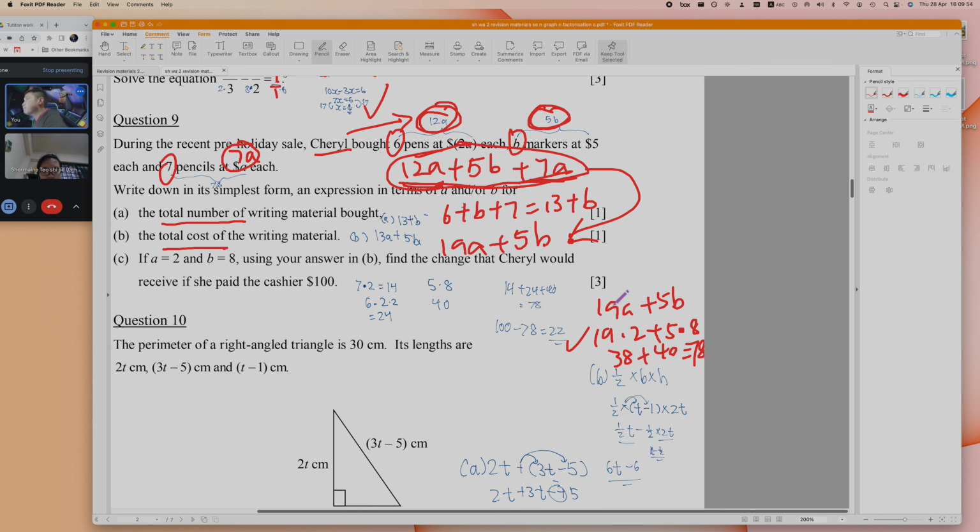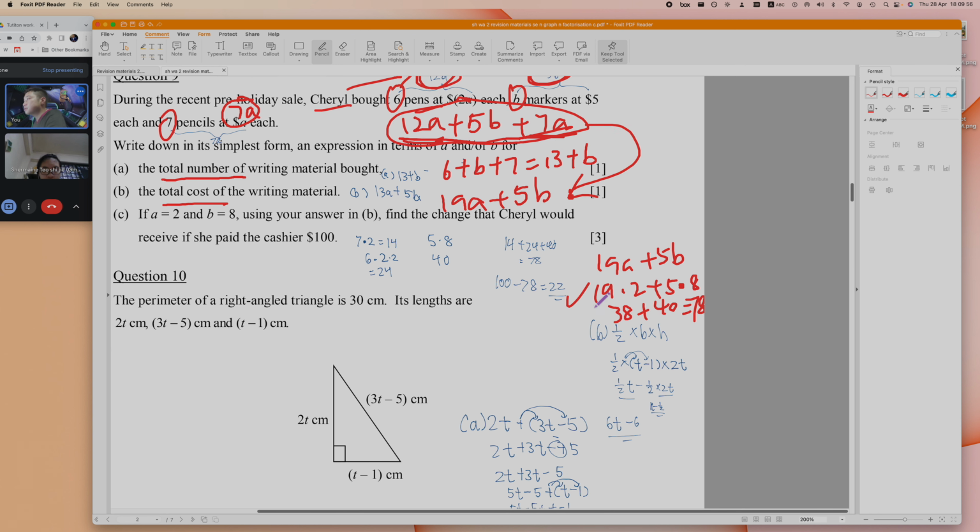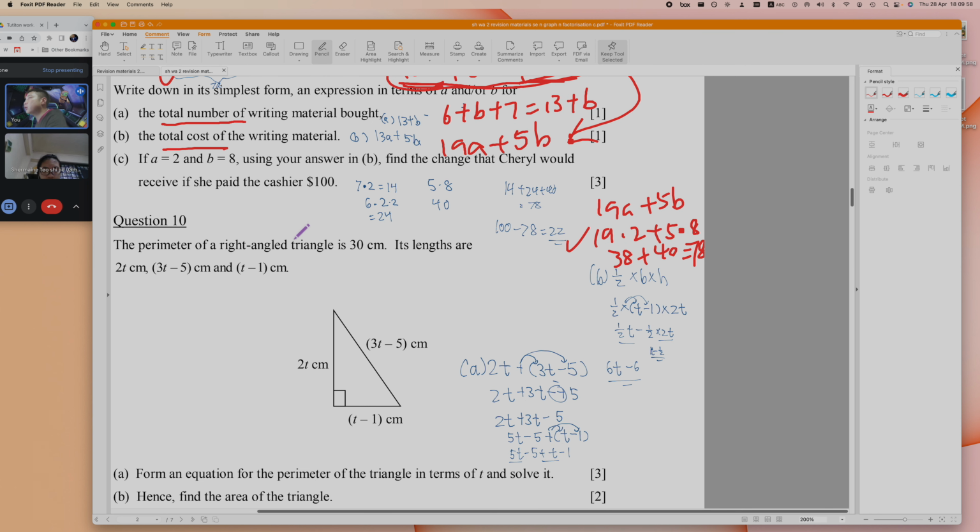Okay? Next. Once again, the perimeter of the right angle. You know what's the perimeter, right? That means plus. So you need to plus all these together. Did you plus all these together? How come you only plus the 2t?